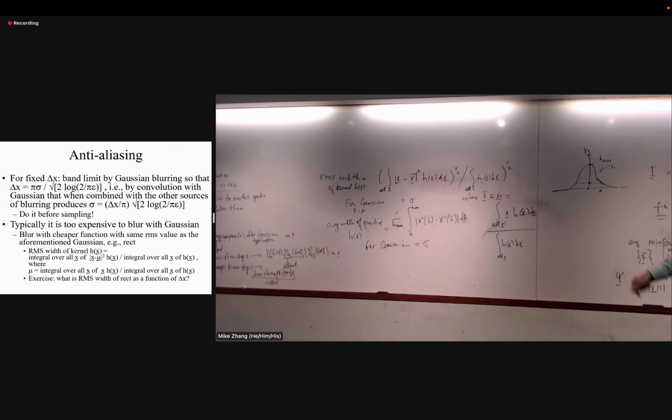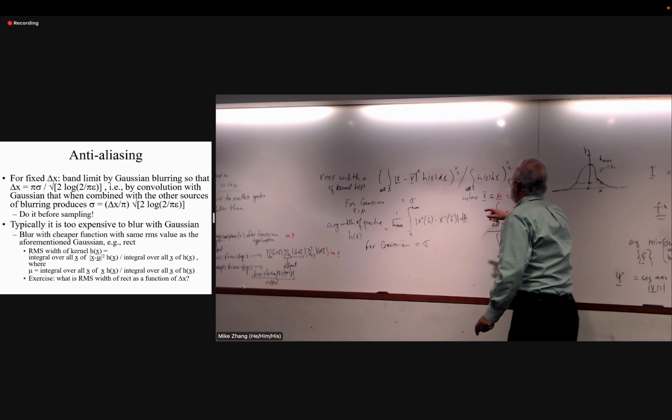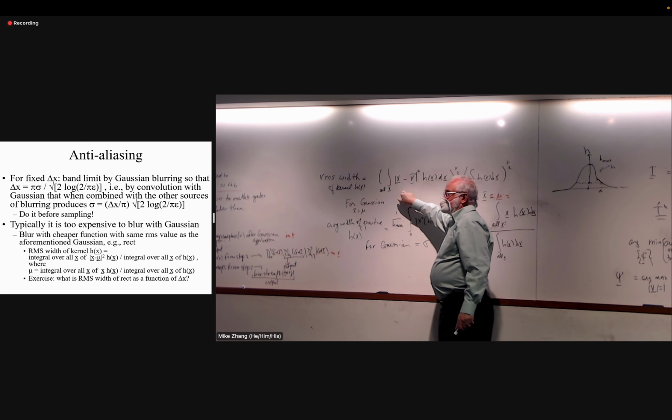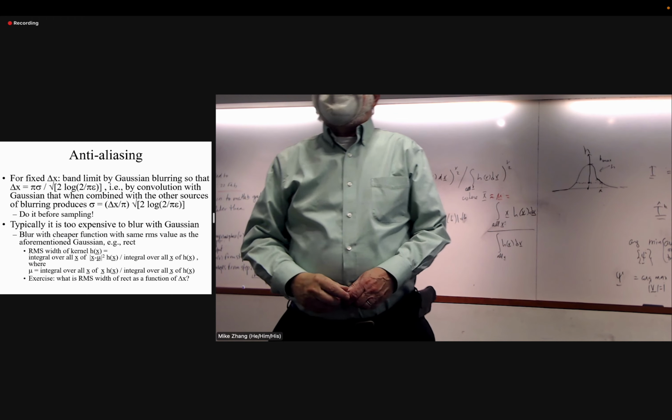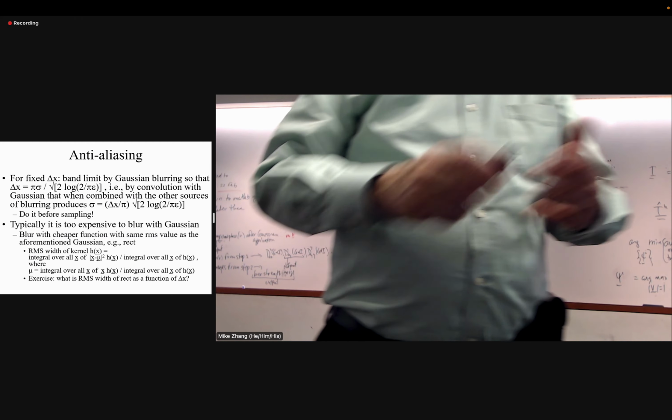In 2D, if you have a circle, let's say, then that distance is the x component of this squared plus the y component of that squared, right? But in any case, it's the square of the distance to the mean.